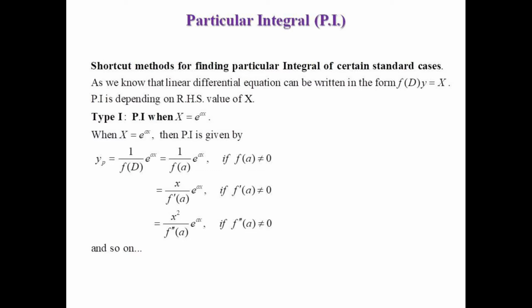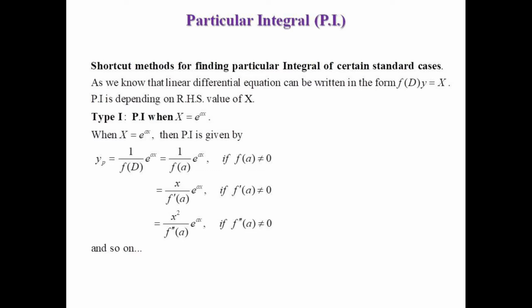Whenever the value of capital X is e raised to ax, the particular integral is equal to 1 upon f of D e raised to ax, which is equal to 1 upon f of a e raised to ax. This is possible only when the value of the denominator term f of a is not equal to 0. First, let's try to understand the meaning of this particular integral.